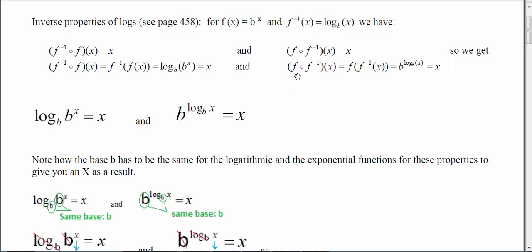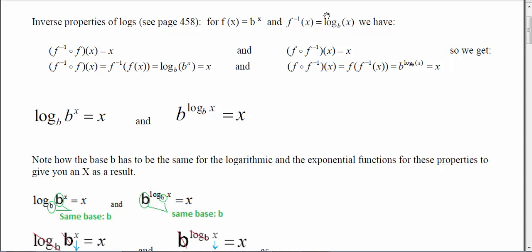Now, if you were to compose the other way, f composed with f inverse of x is f of the quantity f inverse of x. So f inverse of x would be the inside function and f would be the outside function. So the inside function is f inverse of x, which is worth log base b of x.